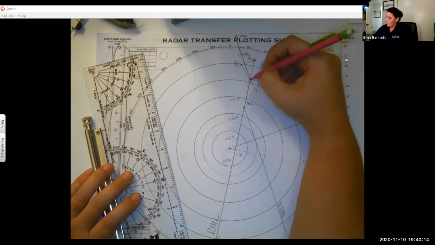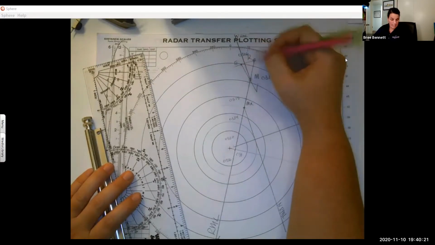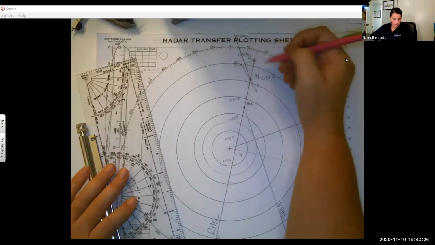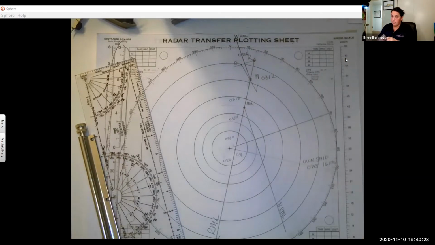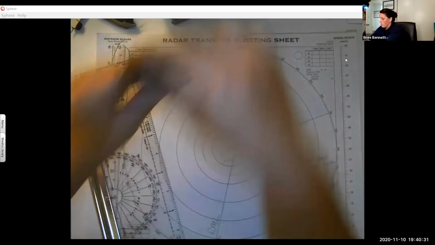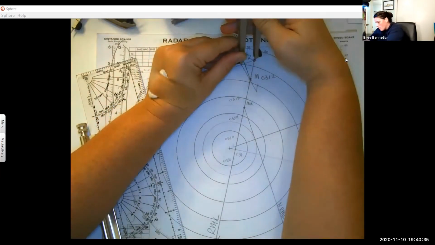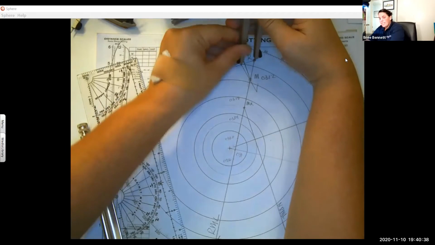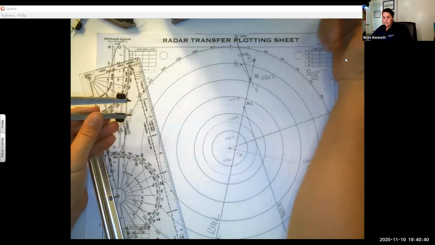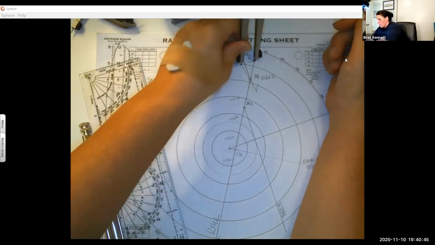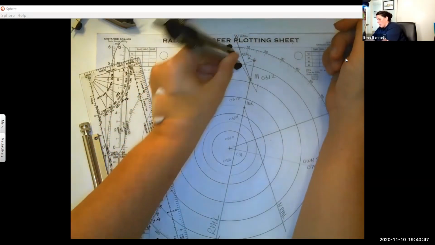I have my E to M is them. They're not changing course and speed. I need to put my R someplace. And they're telling me I'm changing course, not changing speed. So I maintain my speed, so that distance, that 1.6, and I swing this arc to the left.